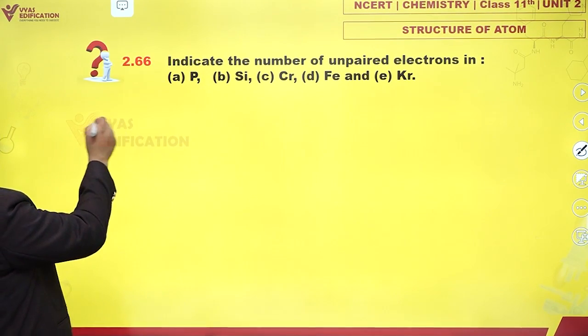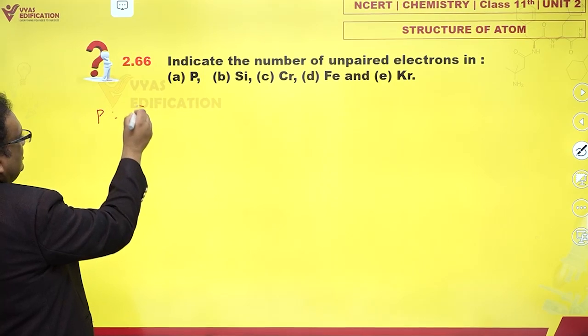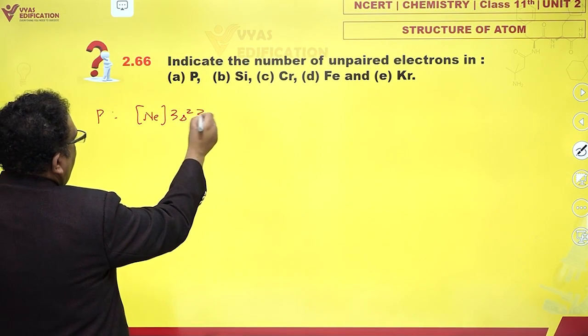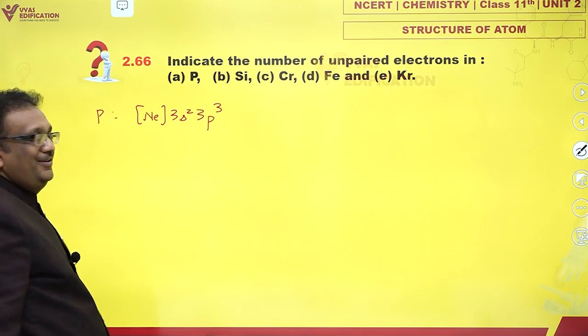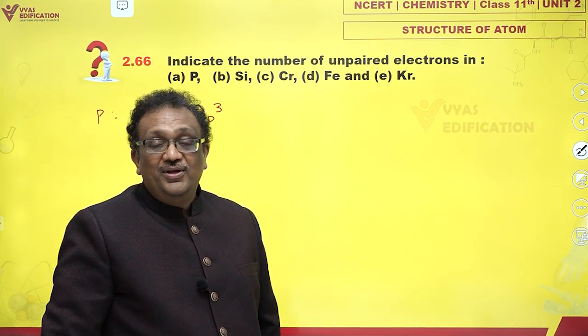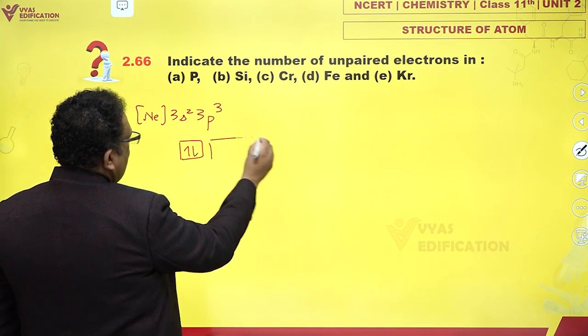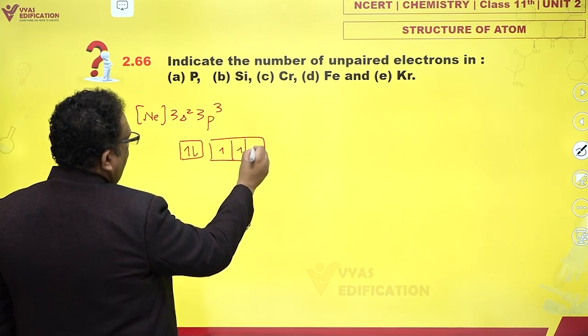Phosphorus electronic configuration is neon 3s2 3p3. Neon 3s2 3p3. And what is that? This is 3s2 and this is 3p3.